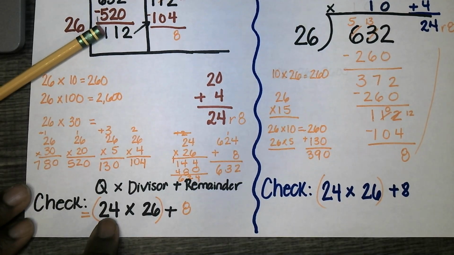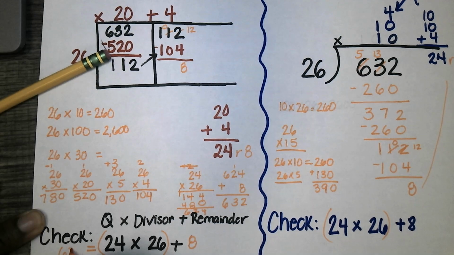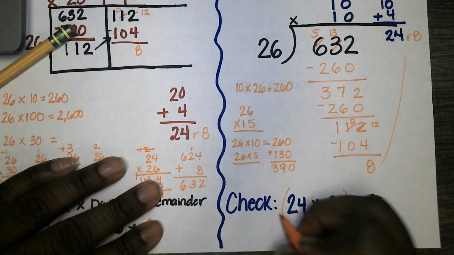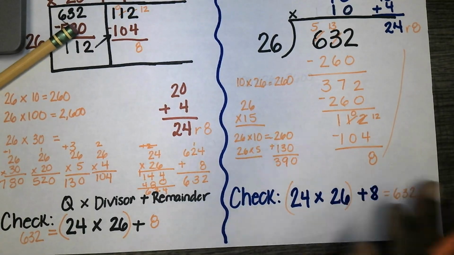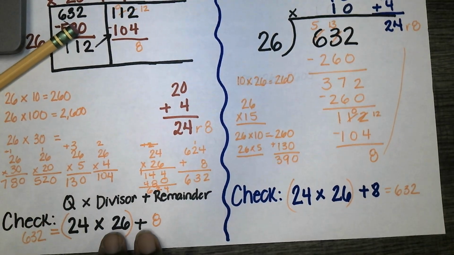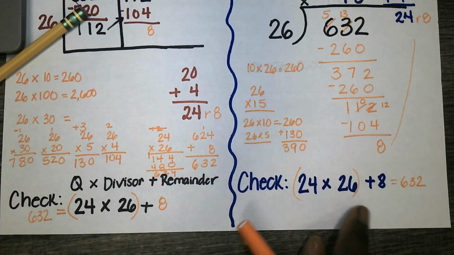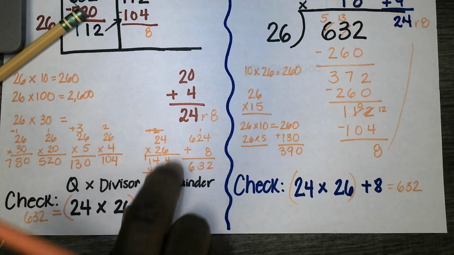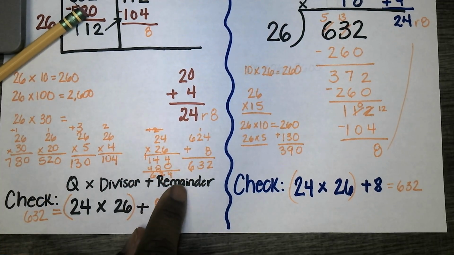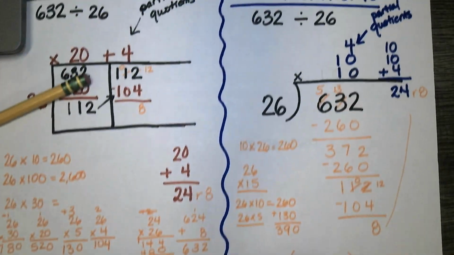The equal sign could be on either side. We started with 632, so I put that here. That's what it should be, because it's an equation. Before, it was just an expression. Now we have our equation. I'm not going to recheck this because we've already checked it for accuracy by multiplying it out and adding our remainder to get 632, so we know this is correct.